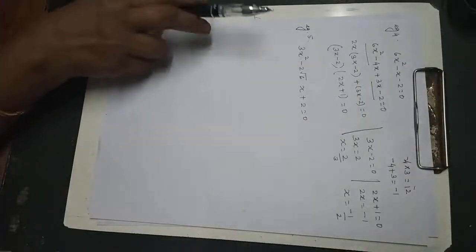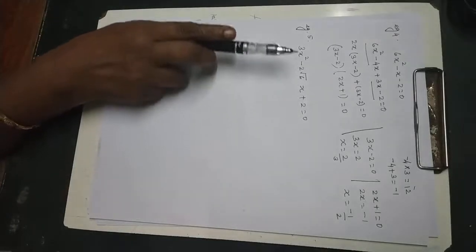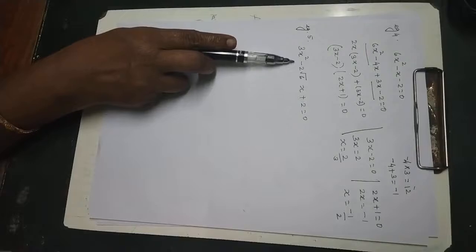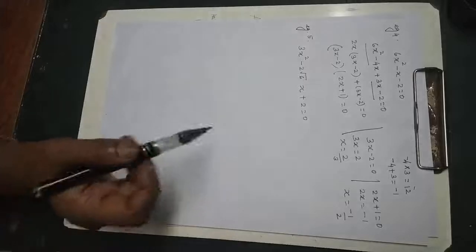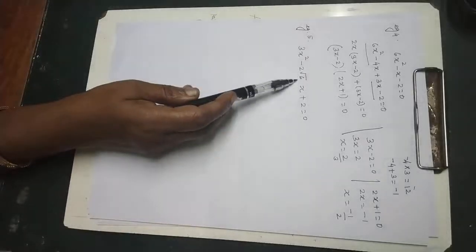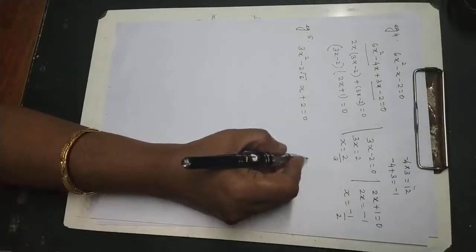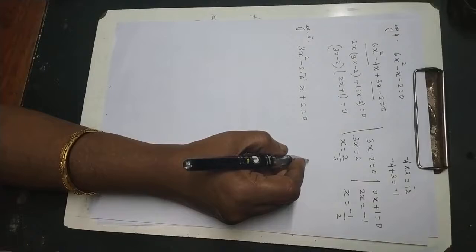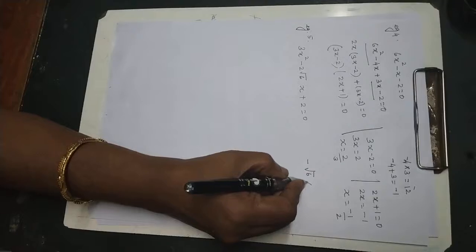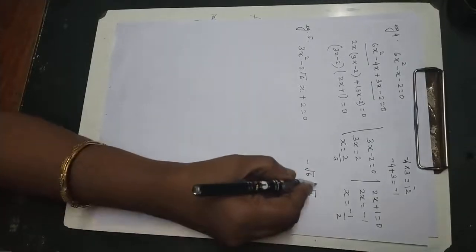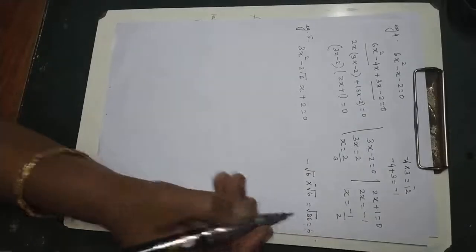You have to select two numbers whose multiplication is 3 into 2, that is 6, and addition will be negative 2 root 6. So when root 6 comes, the numbers should contain the root sign, that is root 6. So negative root 6 into negative root 6 will be equal to root 36, that is equal to 6.